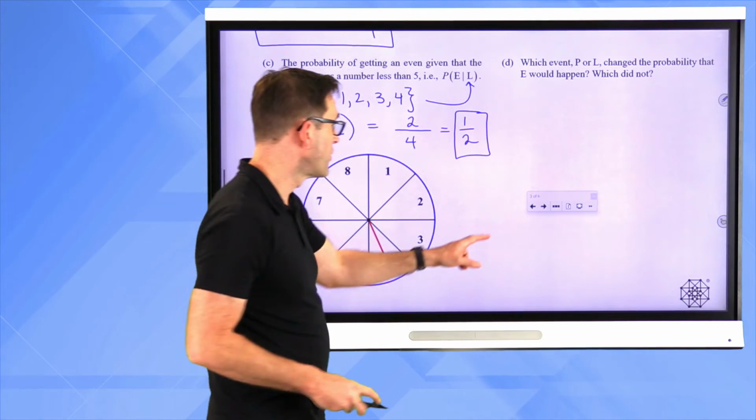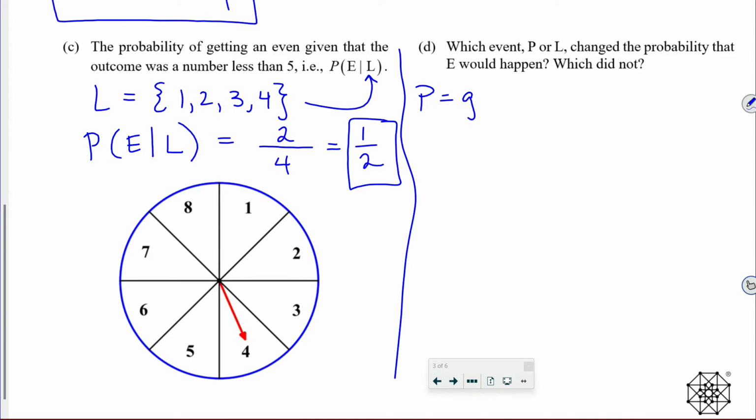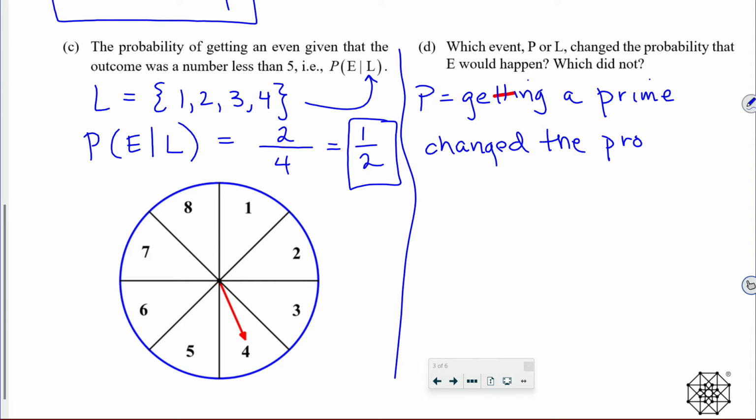Well, P, right? P, getting a prime, changed the probability of getting an even.